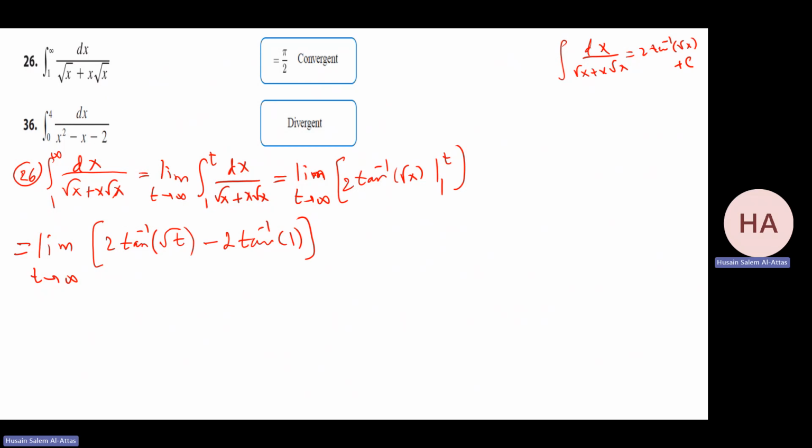Okay, so now what will be? I know that if t goes to infinity, then square root of t goes to infinity.